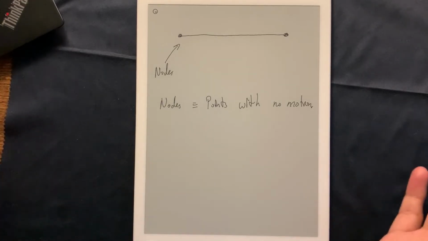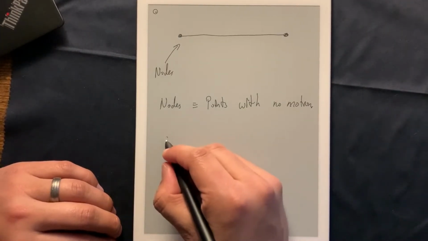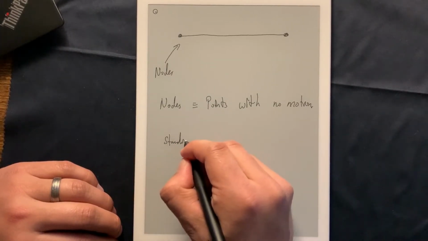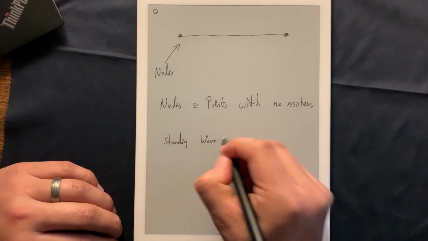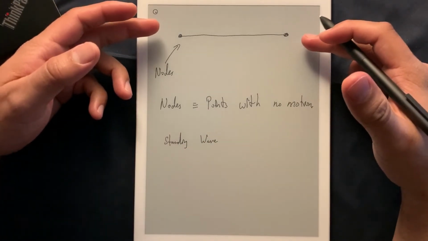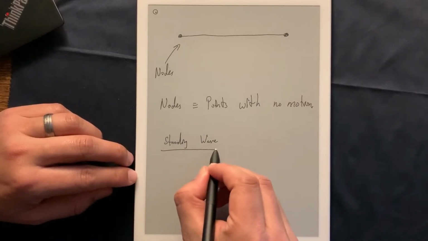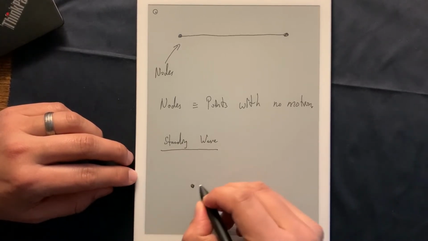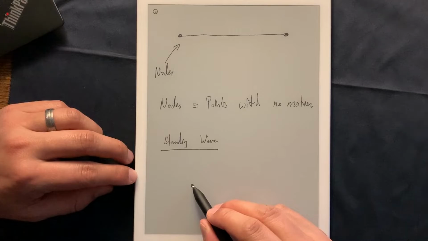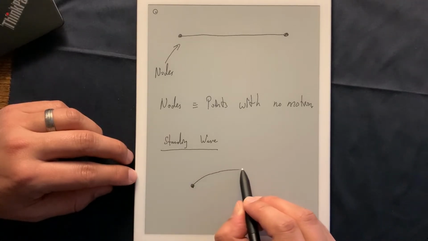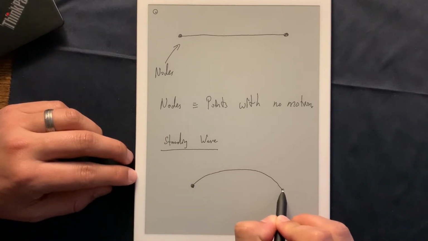Okay, so the interesting thing about these standing waves. A standing wave, and usually you only see this when you have two fixed points, is whenever you either see just a single thing.